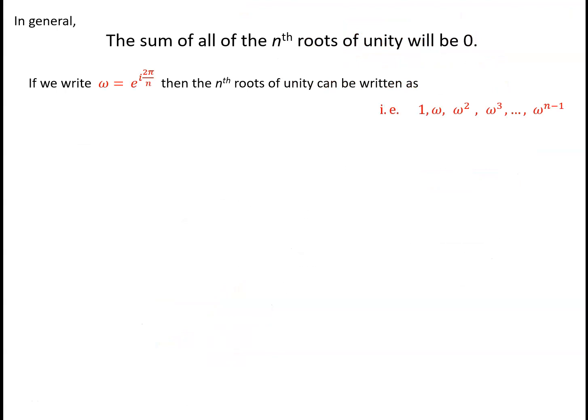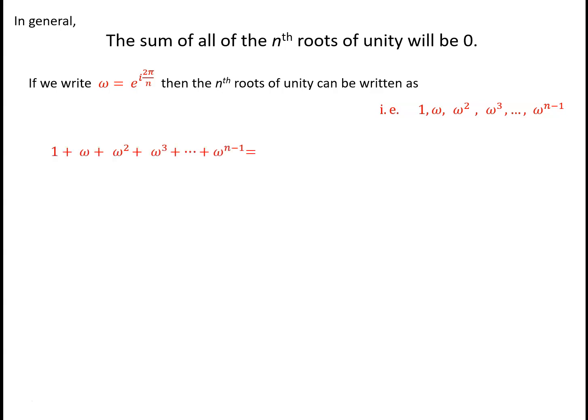We're now going to try and generalize this result. The result we're going to try and prove is that the sum of all of the nth roots of unity will be 0. So as before, let's write omega as e to the i 2 pi by n, in which case we can write the nth roots of unity as 1, omega, omega squared, omega cubed, up to omega to the n minus 1.